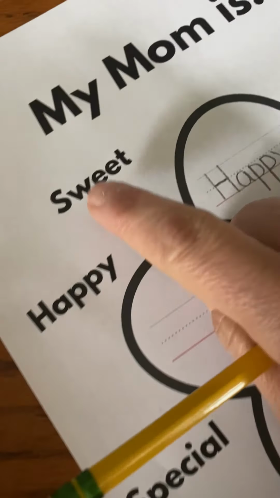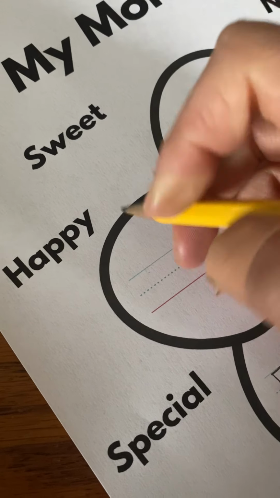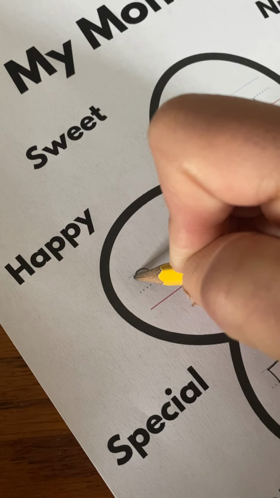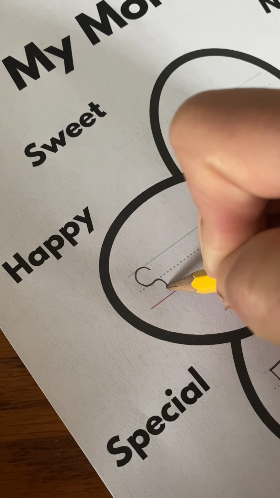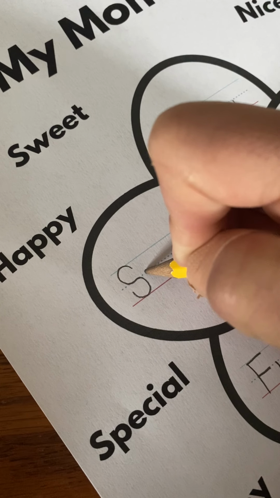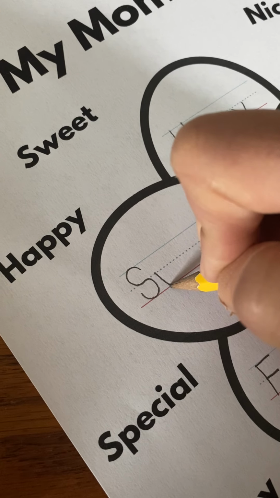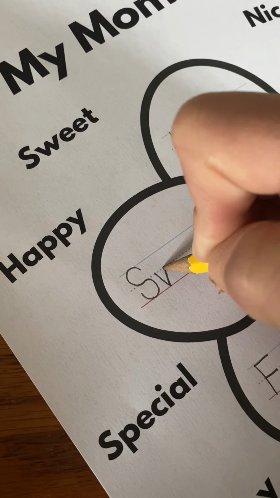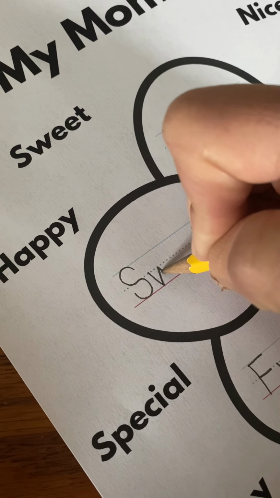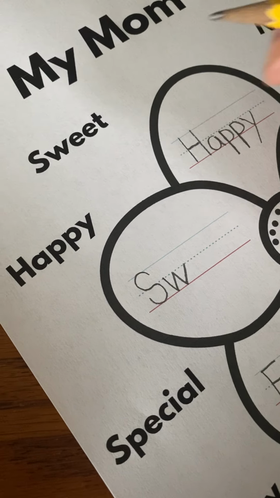My mom is also sweet. So that will be my last word. The S starts at the top. And we do a little curve and a little curve. S. W, four little lines starting at the midline. Little line on a diagonal, and a little line up at a diagonal. Down at a diagonal and up at a diagonal.